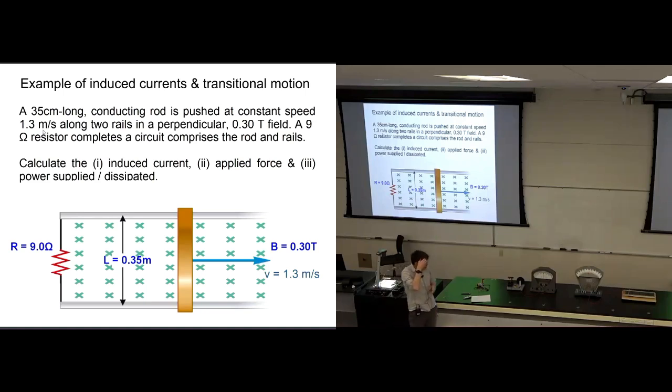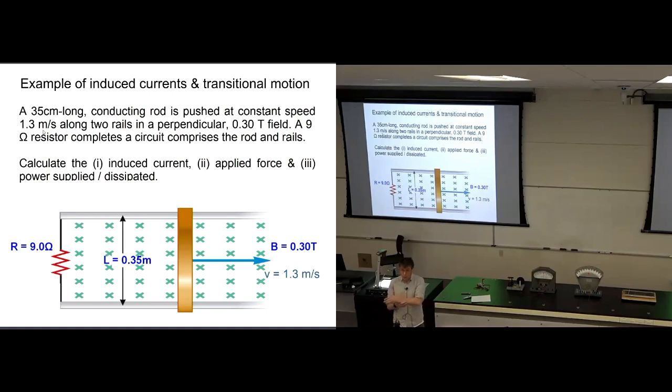The second part of the question says, what's the applied force that you need to keep the rod moving at a constant velocity? You might think, well, if it's going at a constant velocity, why do I need any force whatsoever?